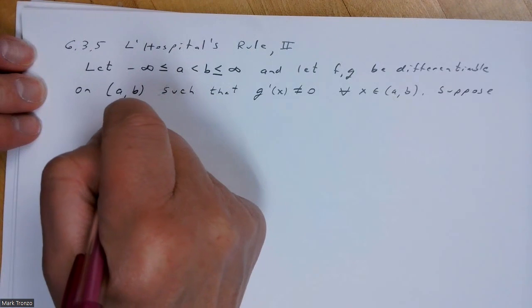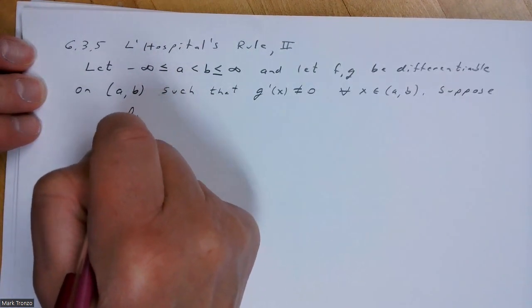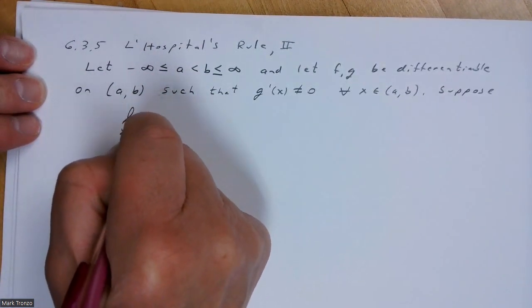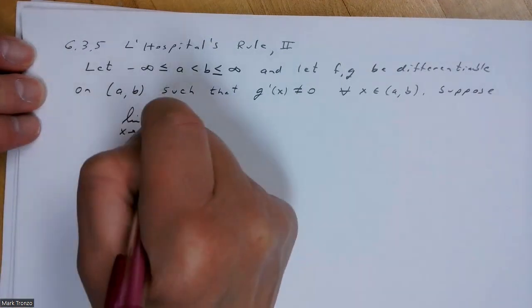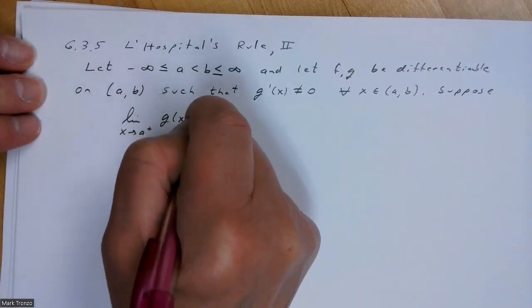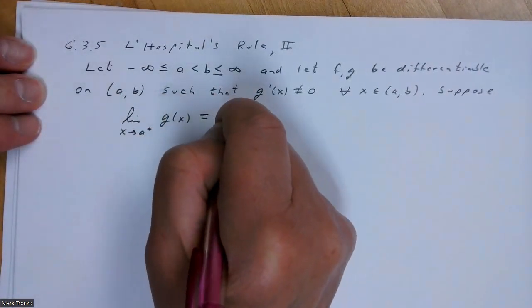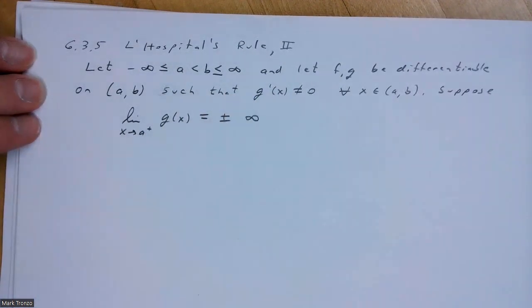Suppose the limit as x approaches a from the plus side of g(x) is equal to plus or minus infinity.